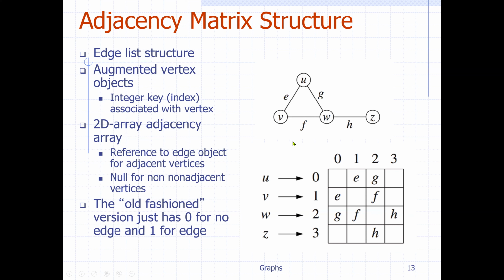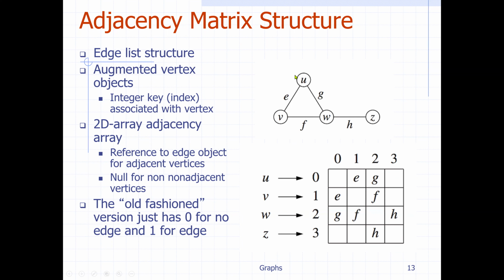The size of the matrix depends on the number of vertices we have. When we represent a graph as an adjacency matrix, the matrix will always be square: the number of rows is the same as the number of columns. Here we have 4 vertices, which means our matrix will be 4 by 4.